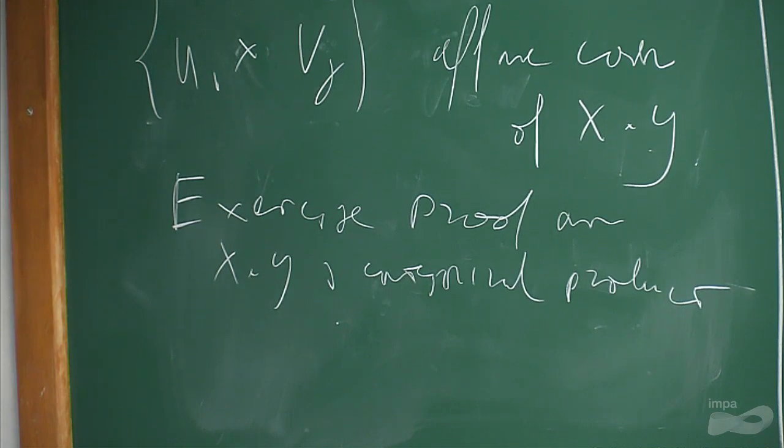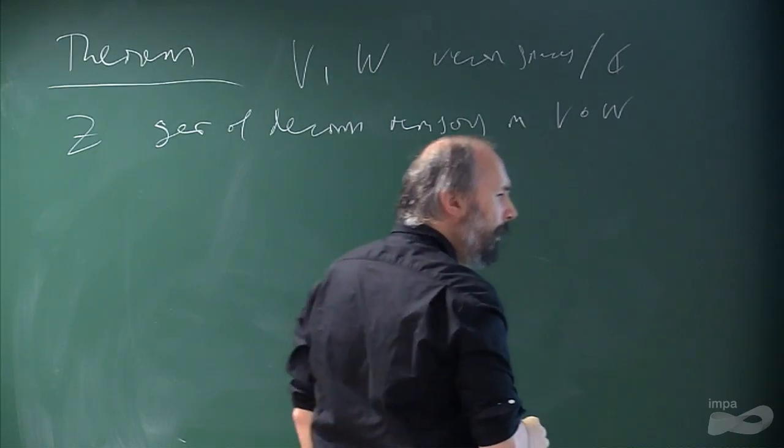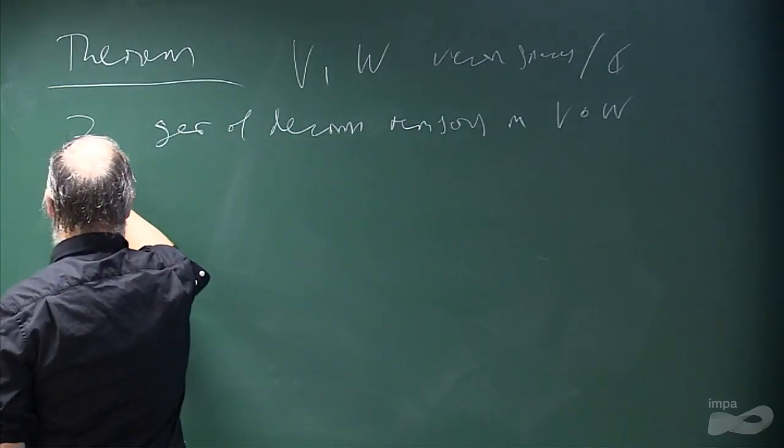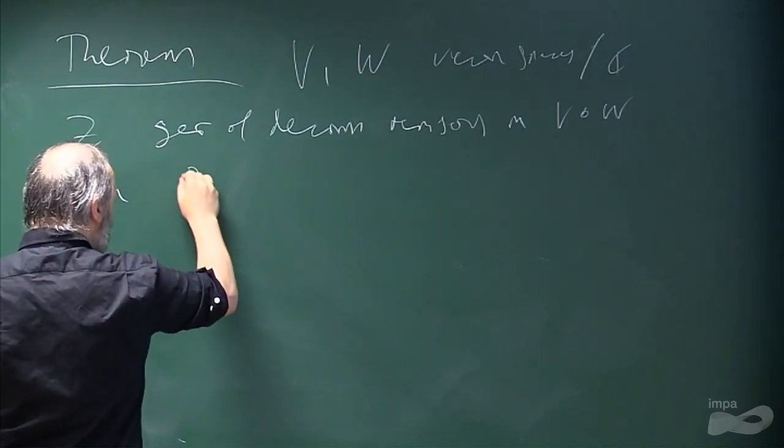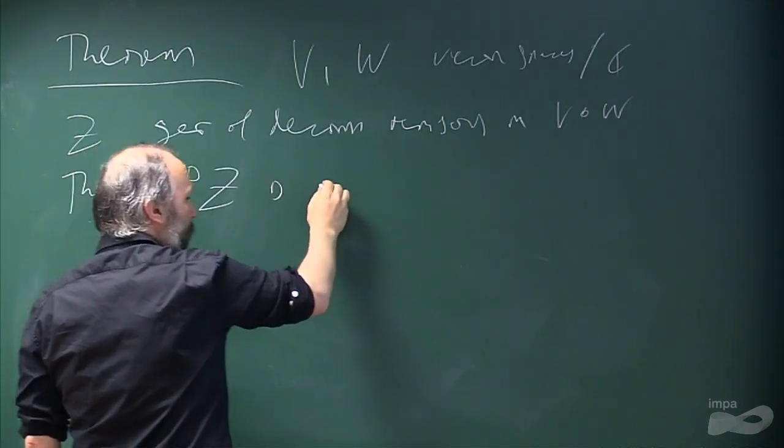So, theorem: suppose you have V and W vector spaces over C, and Z is the set of decomposable tensors in V tensor W. You can take its projectivization, then the corresponding projective variety is a product.